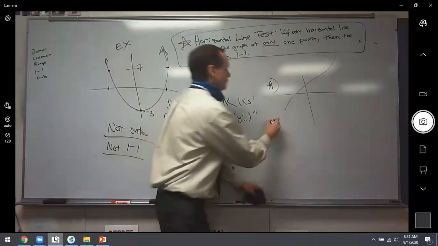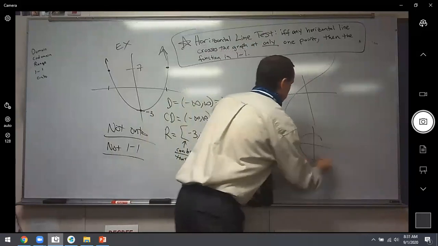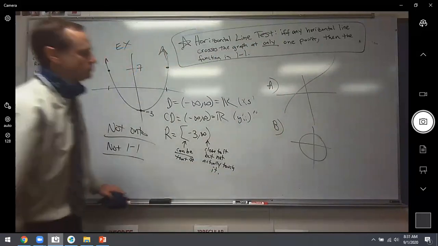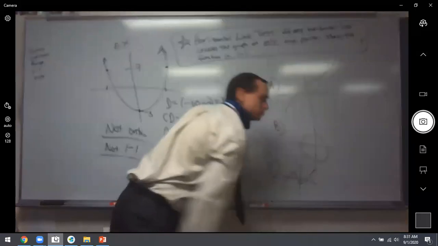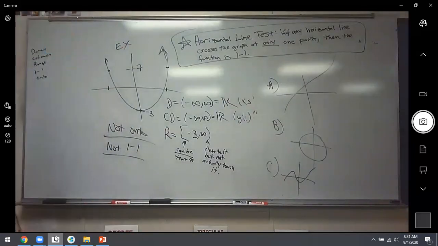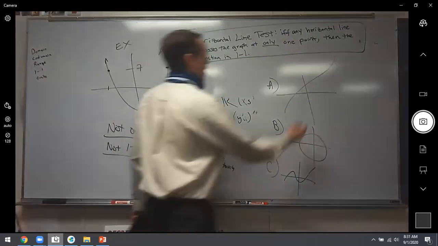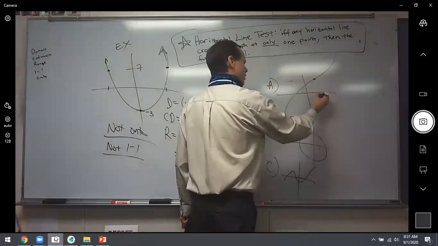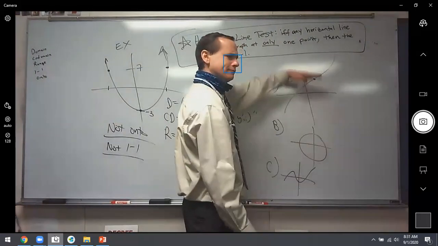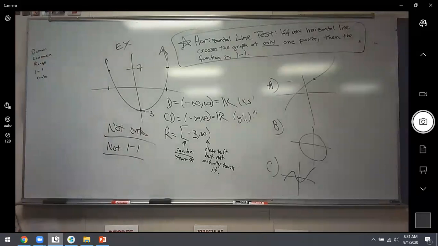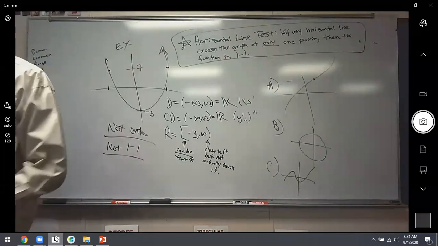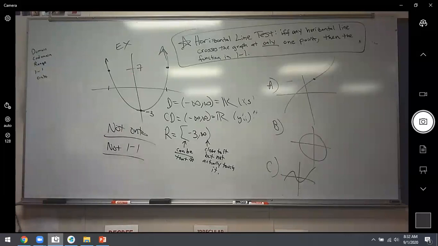Mm-hmm. 1 to 1. No. 1 to 1? No. That's how easy it is to check for 1 to 1. Don't be picking lots of random X or Y values and say, oh, there are 2 points here. Just do the horizontal line test. You guys all right? Okay. Hopefully with the examples and the terms written down, that'll be enough to get you by.